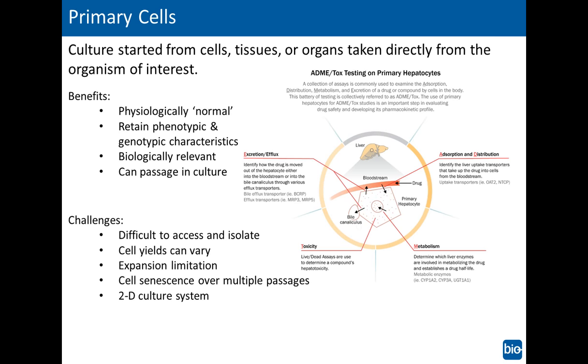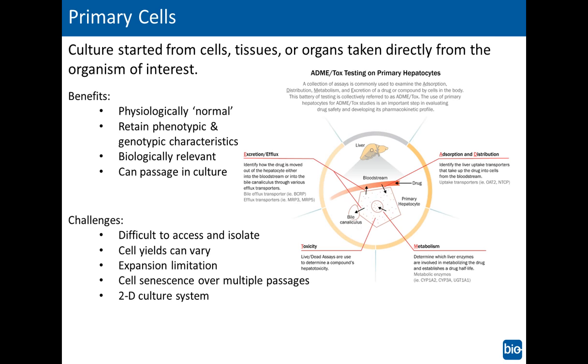Some of the challenges with working with primary cells are the access to the tissue and the isolation steps. Gaining access to the tissue can be difficult, as well as during isolation, cell yields can vary depending on the tissue size and the isolation protocols that you're using.